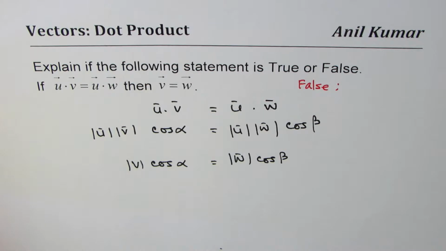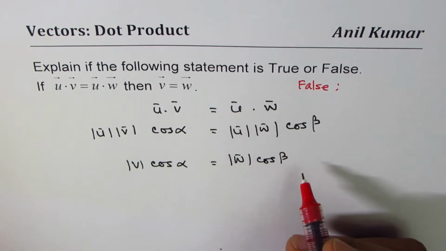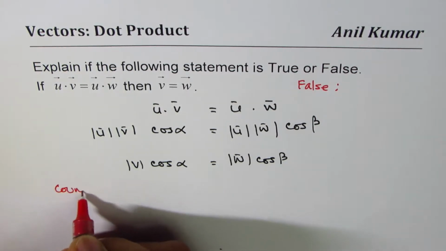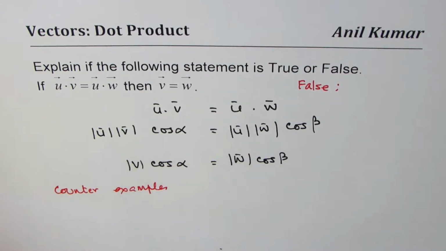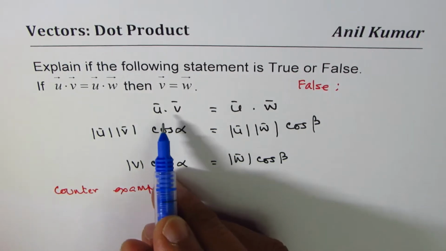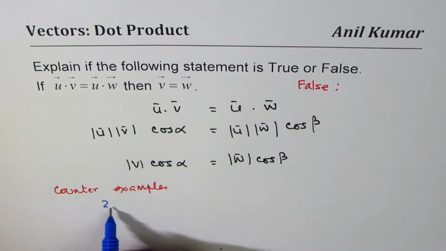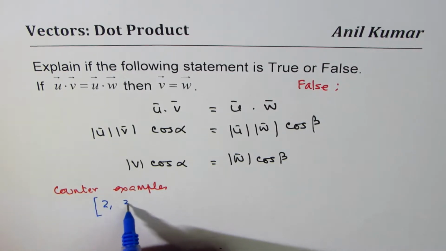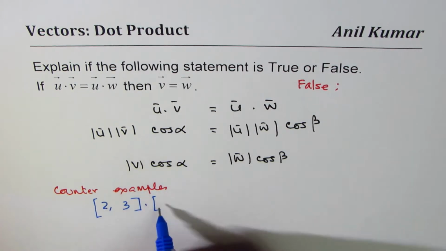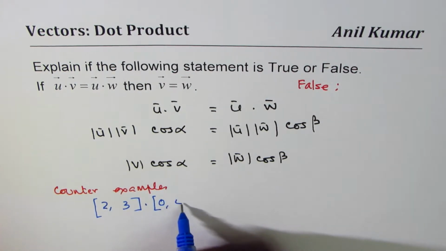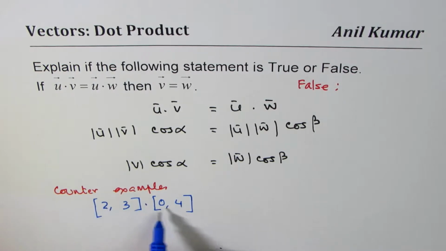Now you could also prove it by providing counter examples. For example, if I take a vector u as 2 and 3, for example, vector v could be 0 and 4.